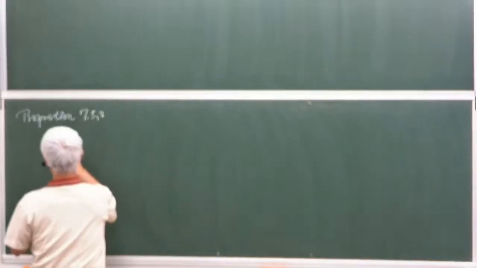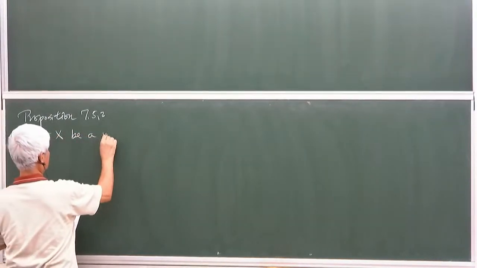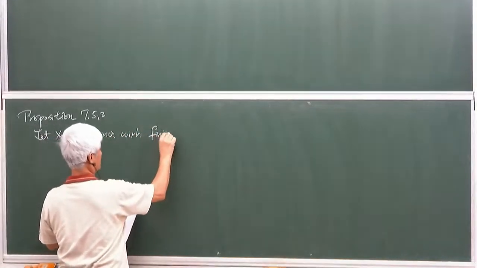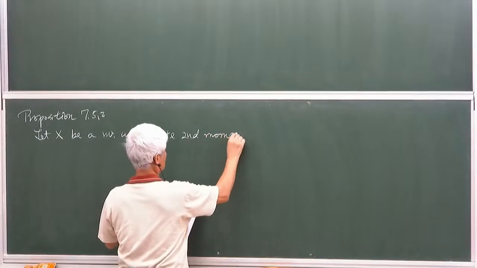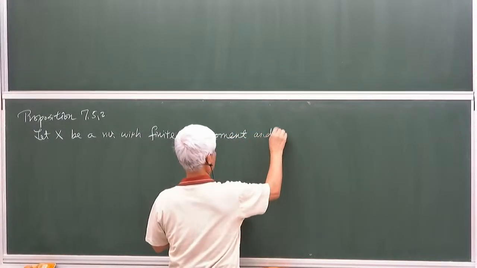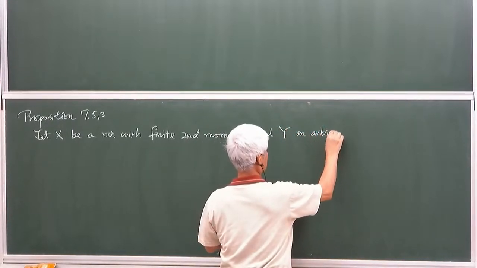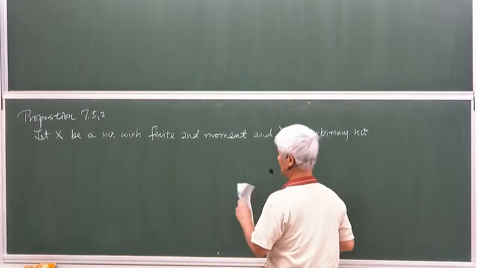Okay. So we let X be a random variable with finite second moment, and Y an arbitrary random variable.